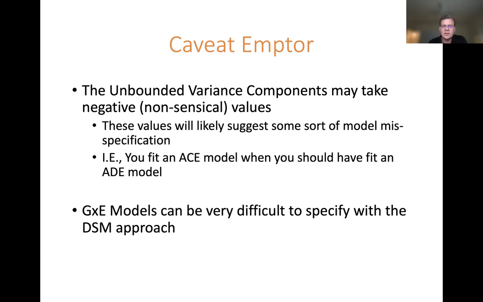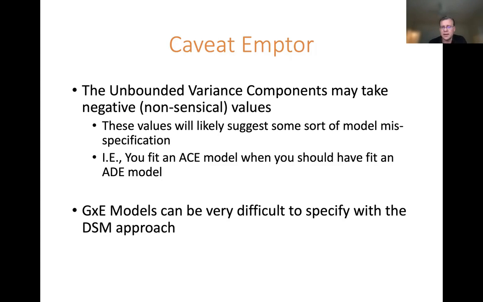But as you start to diverge and get more and more negative heritability or common environment estimates, and as these estimates become statistically significant, it's possible that these seemingly nonsensical values will suggest some sort of model misspecification. For example, you may have fit an ACE model when you could have fit and should have fit a DE model.